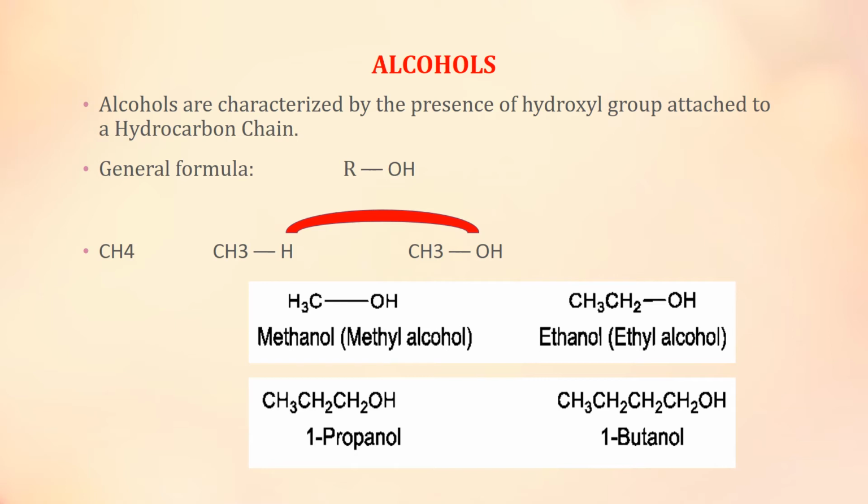When from propane one hydrogen atom is replaced by the hydroxy group, we get propanol. From butane, when one hydrogen atom is replaced by the hydroxy group, it will be butanol. So the presence of this OH group shows it is the family of alcohols.